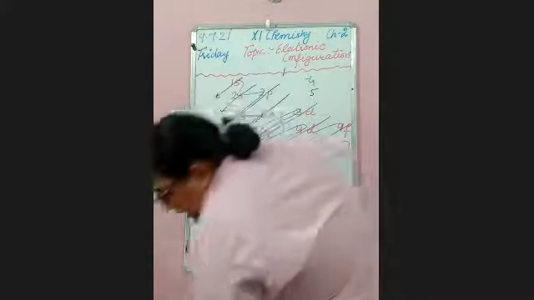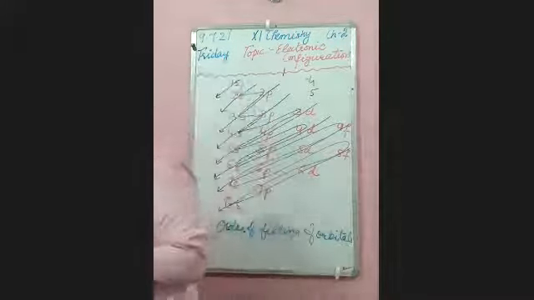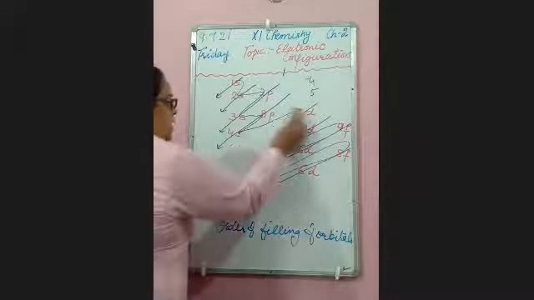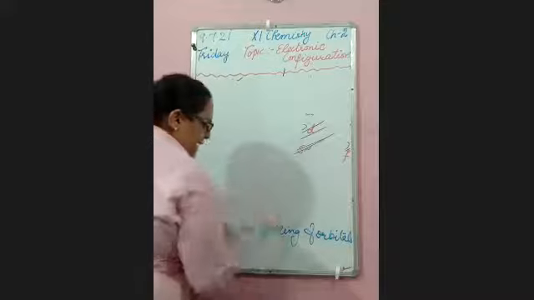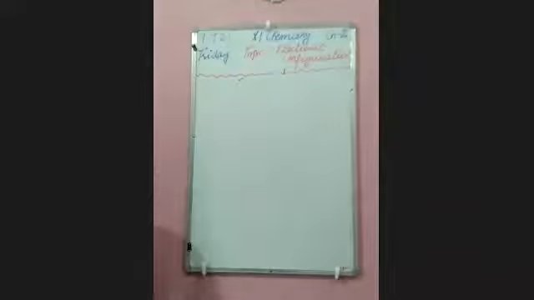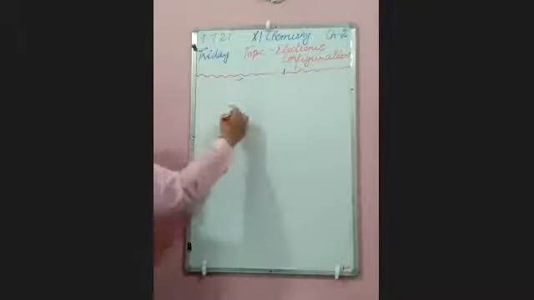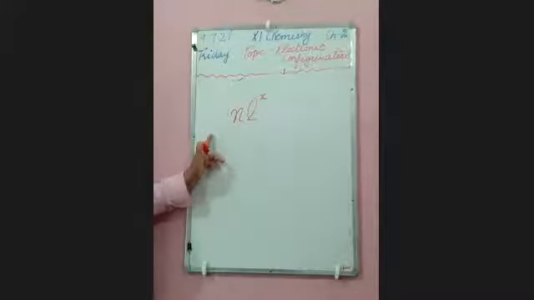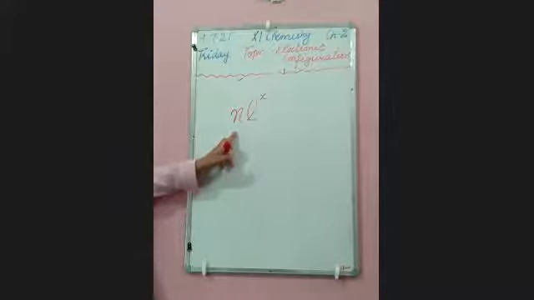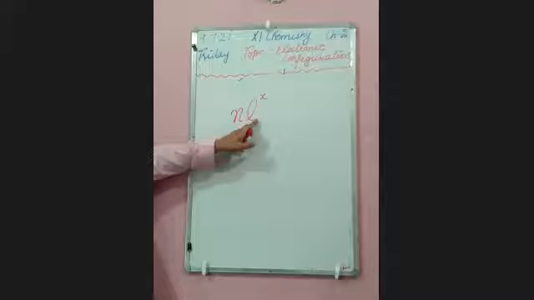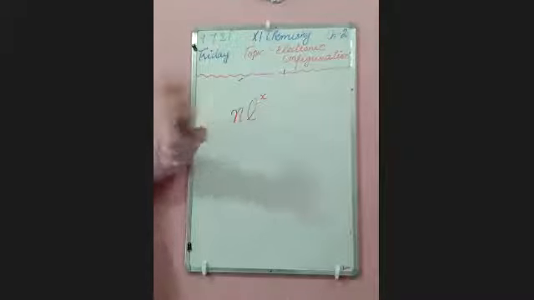Okay. Now, filling of electrons in an orbital. How to fill the electrons in an orbital? See, electronic configuration of any element can be represented by the general formula nl^x, where n is your number of main shell, like 3, 2, 1, l is your number of subshell, and x is your number of electrons.